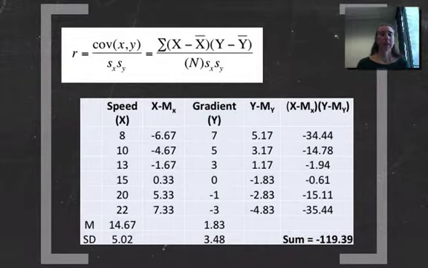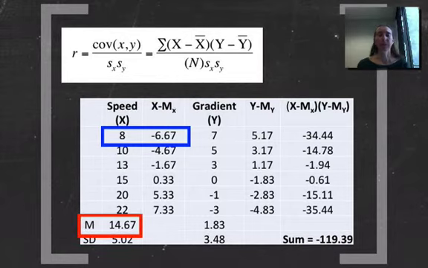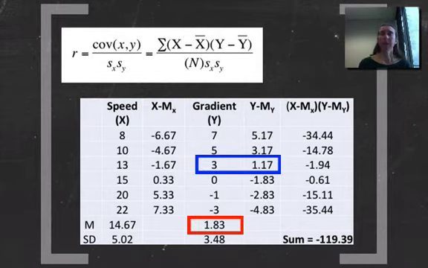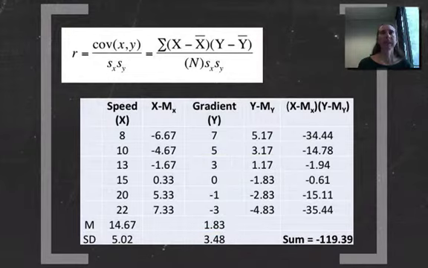So in this case, a speed of 8 miles per hour is 6.67 miles per hour below the average of 14.67. And with gradient, the gradient of 3% is 1.17 above the mean of 1.83. So that gives me the deviation for each of my two variables.